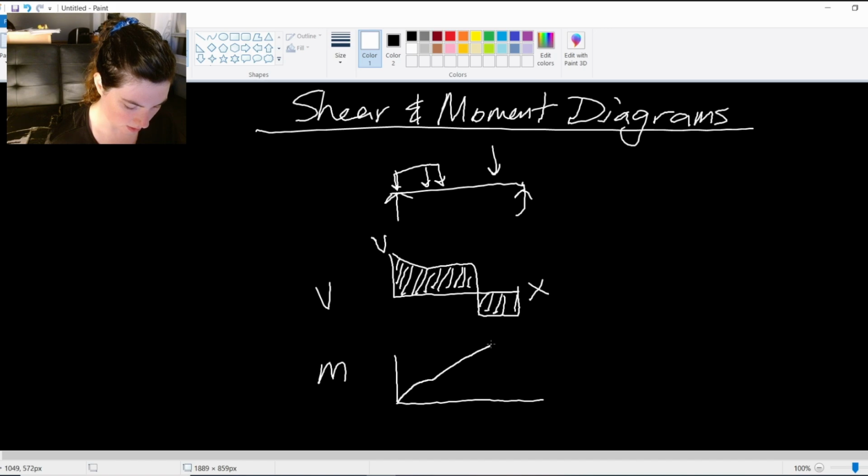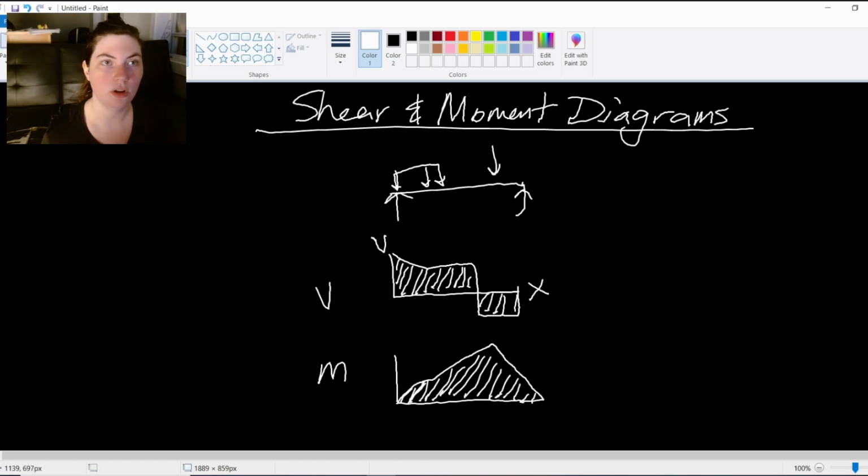what the moment or shear is, which can be really, really helpful when we're wanting to design things as engineers, right? We want to know, for example, when is the shear the greatest? When is the moment the greatest? At any point, are we going to be exceeding the maximum that the beam can handle and it's going to fail?